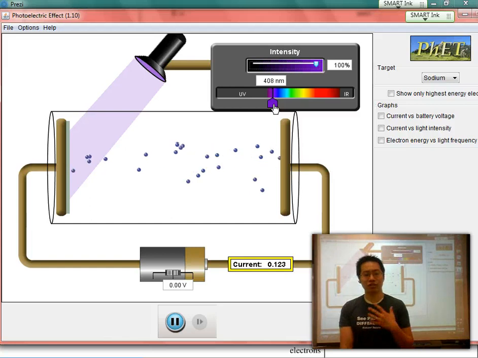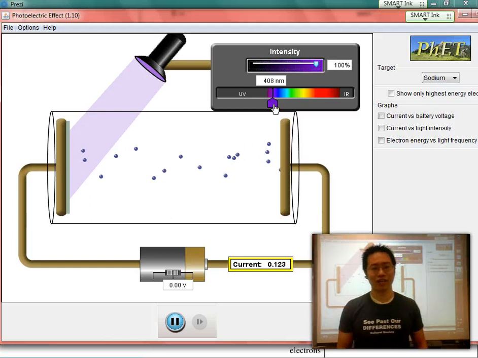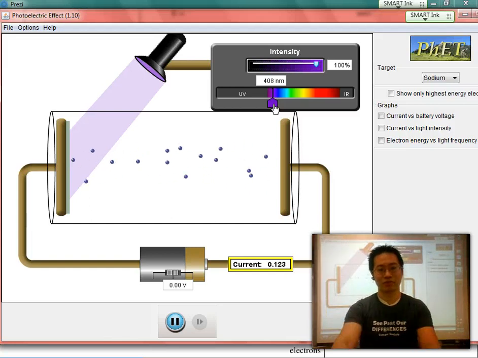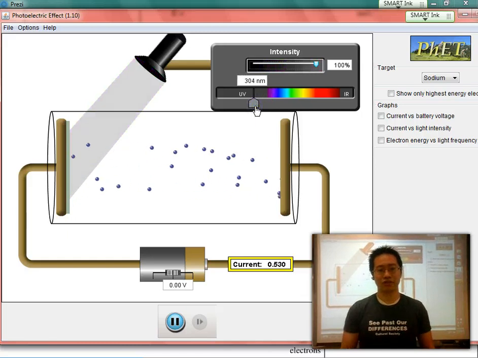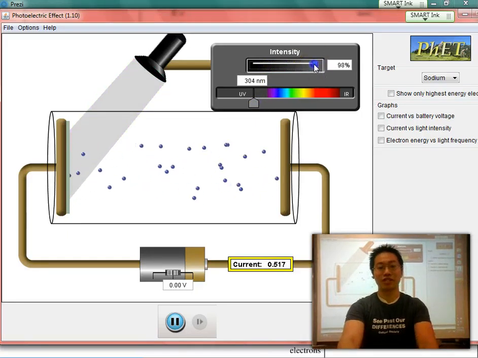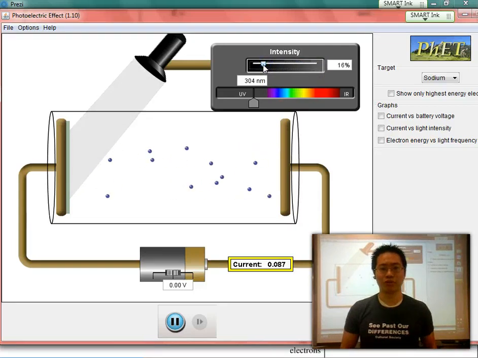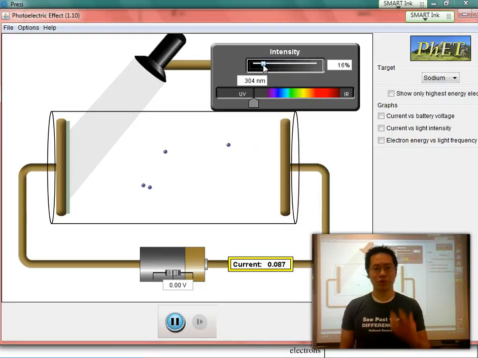They come out with a much higher average velocity. And the higher and higher you go, the faster it went. If you decrease the intensity, all you would decrease were the number of electrons coming out. It had nothing to do with whether or not the electrons got knocked out in the first place.